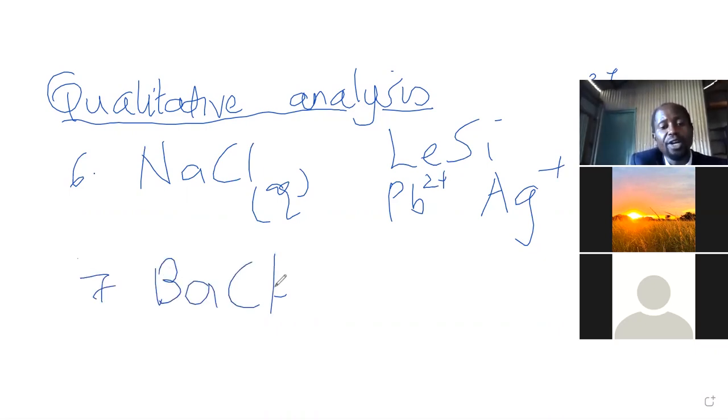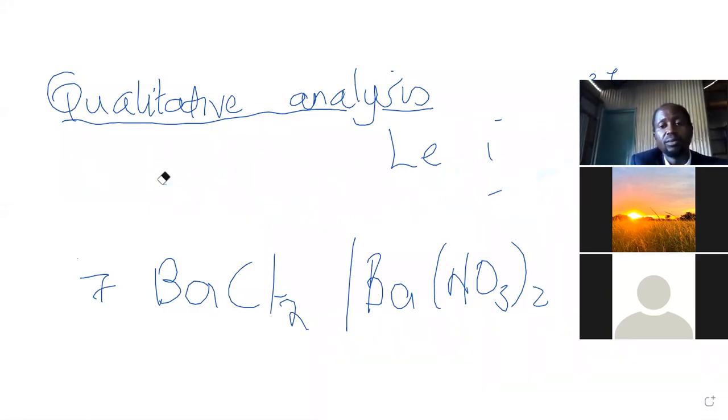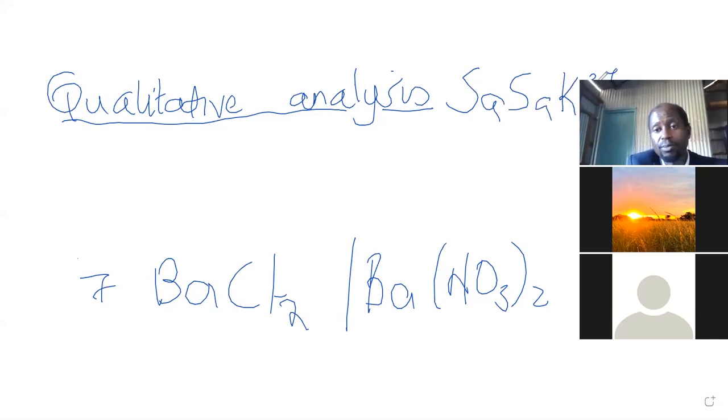Barium chloride or barium nitrate can be followed by HCl or just on its own. We need an acronym for this. There is a certain part of our republic where they greet each other like this.